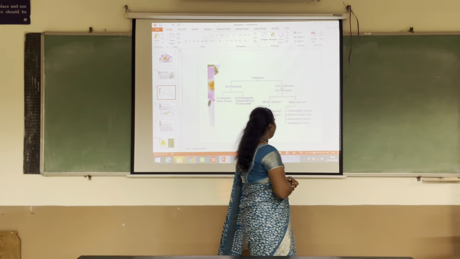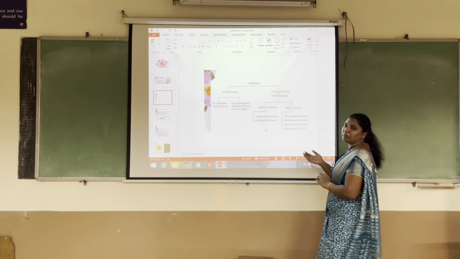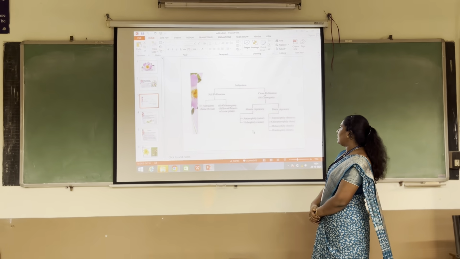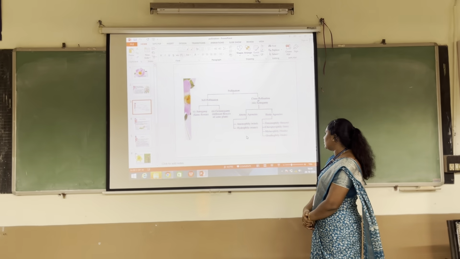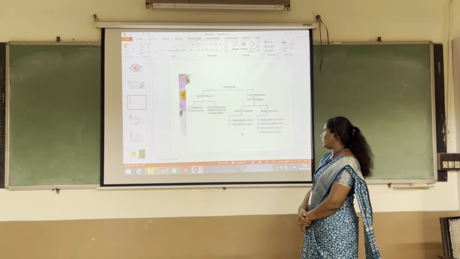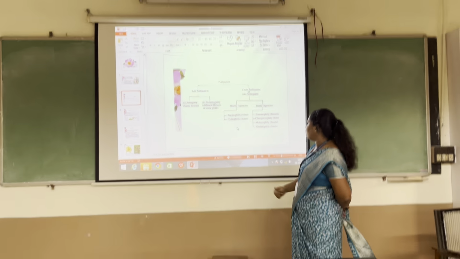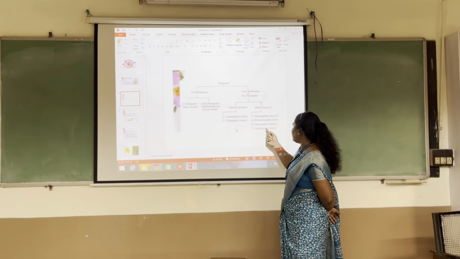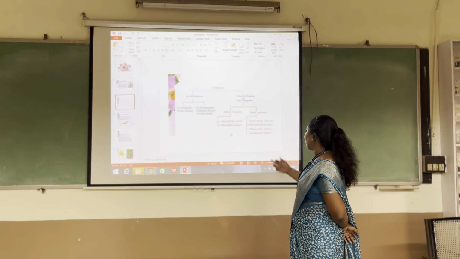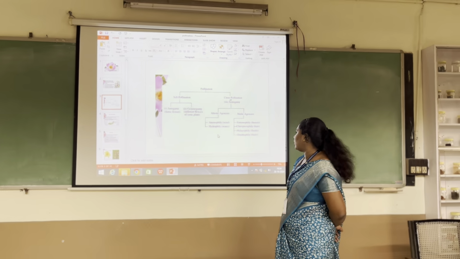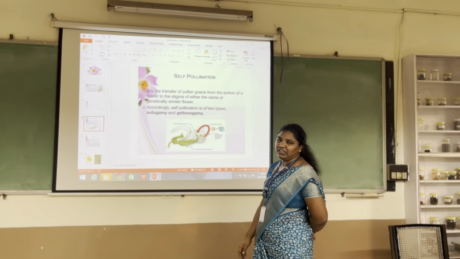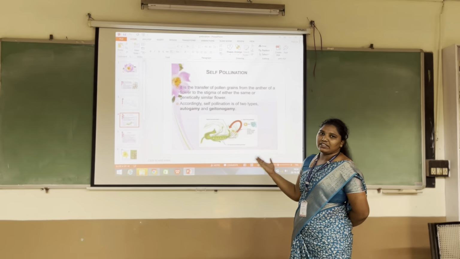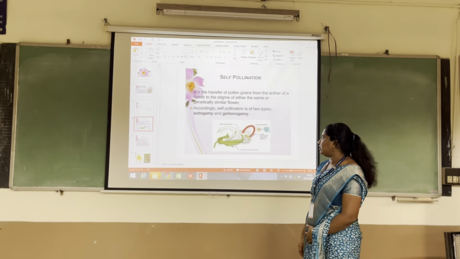The biotic agencies can be insects, birds, snails, etc. The first is entomophily, then malacophily, chiropterophily, and the last is ornithophily, which takes place by birds.